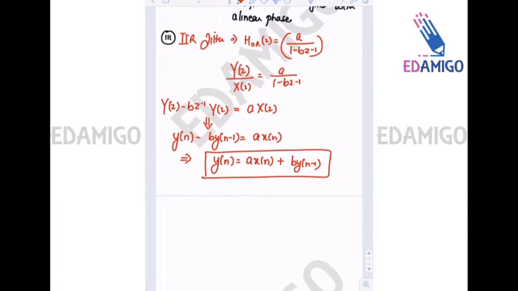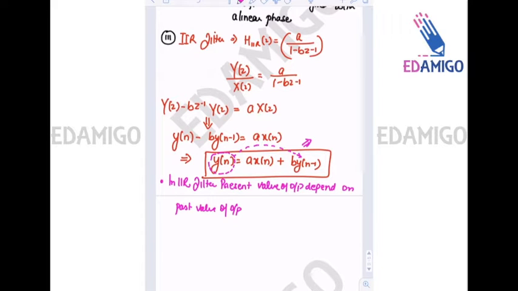So a very important conclusion is that the present value of output in an IIR filter depends on the past value of output.